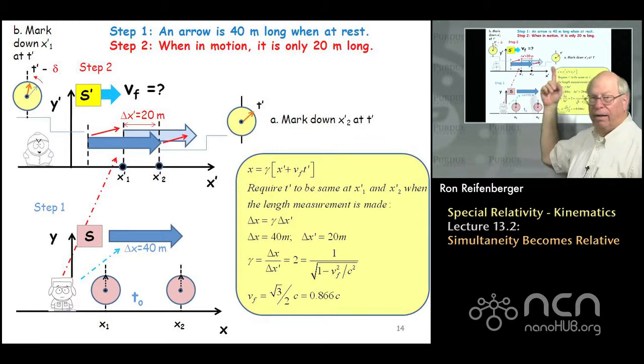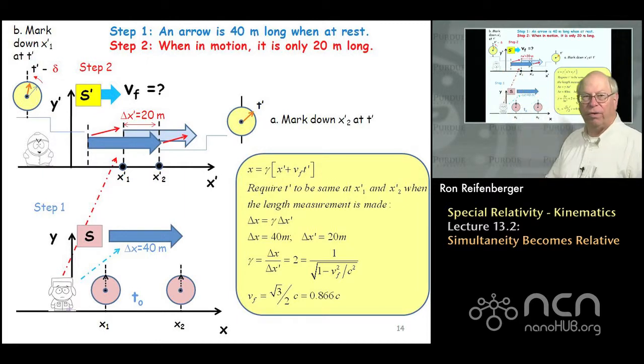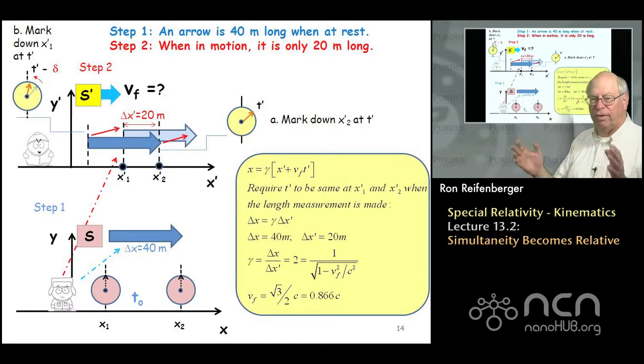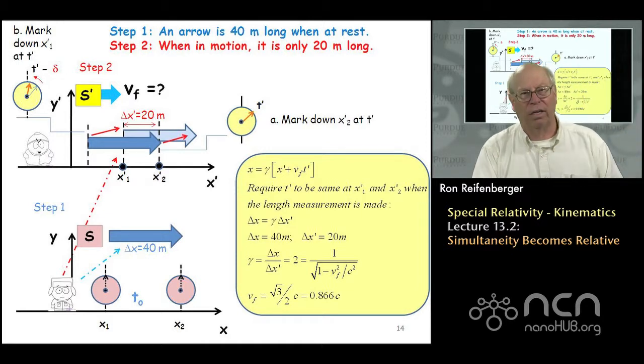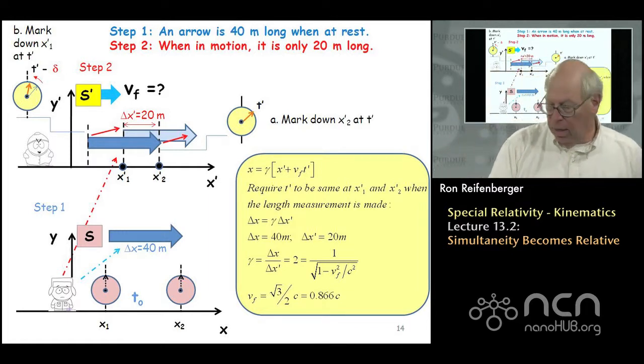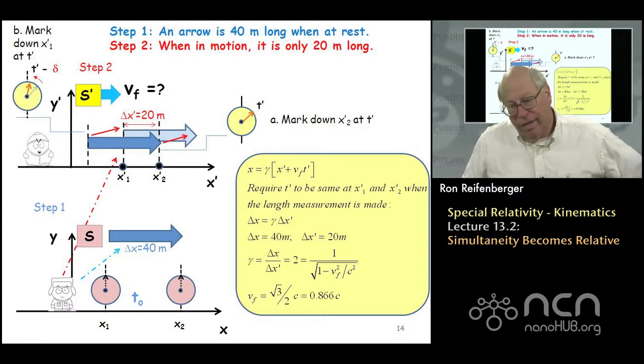And ultimately, I like to believe it's related to the fact that you cannot have simultaneous synchronization of clocks in a moving reference frame. And that lack of synchronization causes you to make a measurement that forces you to believe that the length of an object is contracted when it's in motion. So if that helps, great.